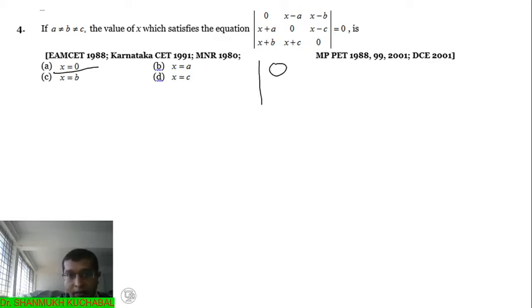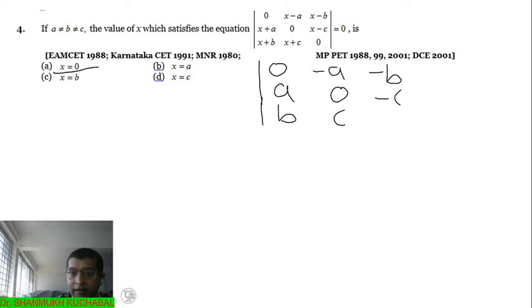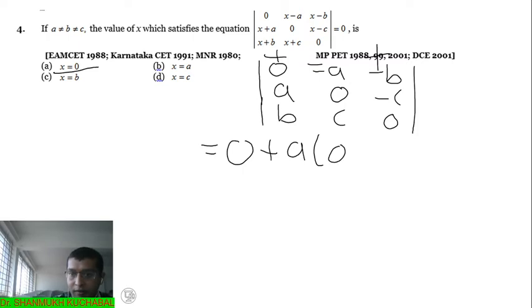It is 0 minus a minus b, then it is 0 minus c, next b c 0, b c 0. Then we assign signs here, plus minus plus, so plus 0 as it is, then minus into minus plus a, so we get 0 plus bc here in the expansion, then plus into minus minus b, we get ac.